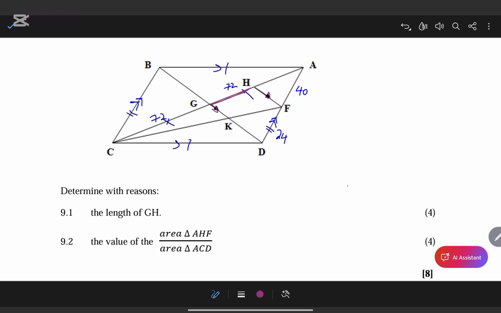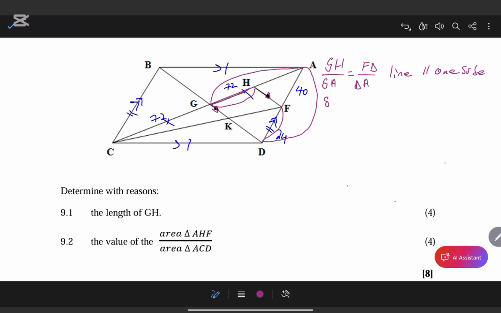Since we know the whole length of AG is 72, and we are looking for HG, we can express our proportionality ratio in this format: GH to GA is equal to FD to DA, and you simply write the line parallel to one side of a triangle, or you can write proportionality theorem.